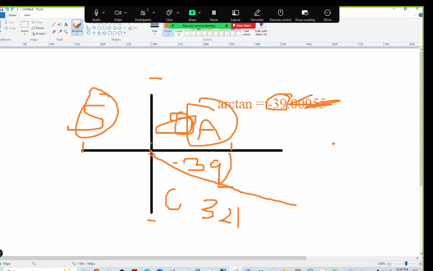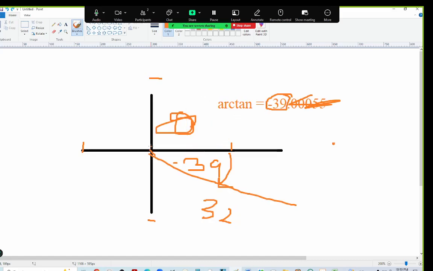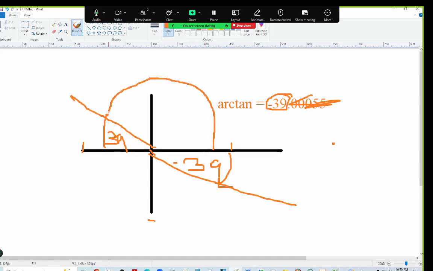So that means I'm dealing with another angle that's 39 degrees right here, and it's always towards the x-axis. But what's the standard angle? All the way to 180 and back, right? 141.